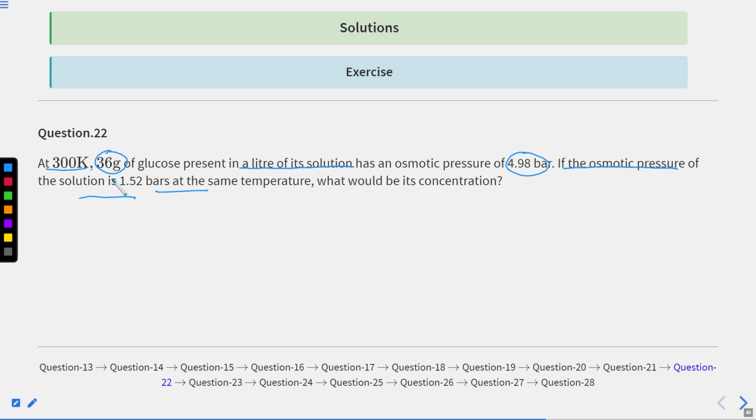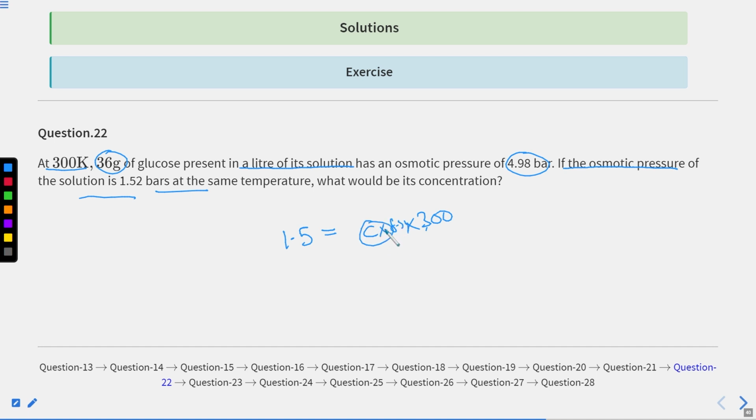So how will we calculate it? First let us look at the next situation. It has been asked that if the osmotic pressure is 1.52 bar, then what would be the concentration if the temperature is the same? The temperature is given as 300 here, and the next thing given is R. We know R is 8.314.